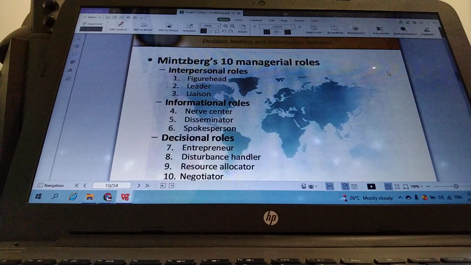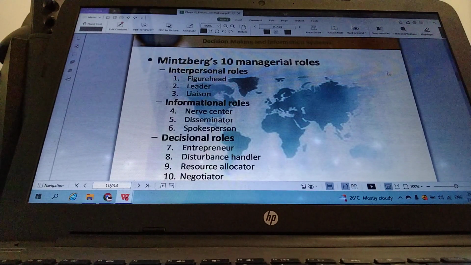These are the four areas where the manager will be involved in making decisions. So these are the four main areas where you really need the assistance or the support from the system in helping their roles in decision making. Not in the category of interpersonal roles, not really in the informational roles, but under the decisional roles.